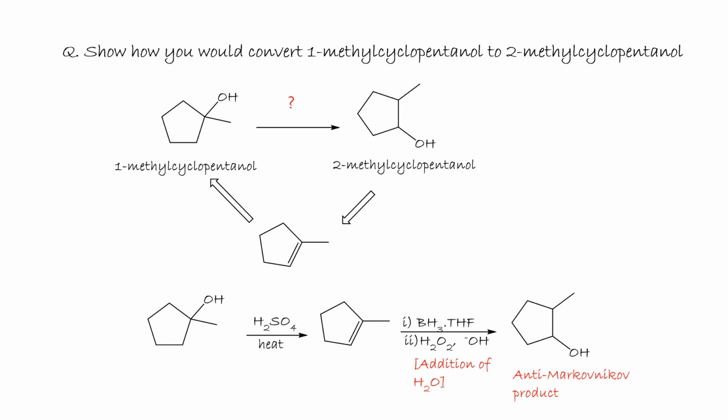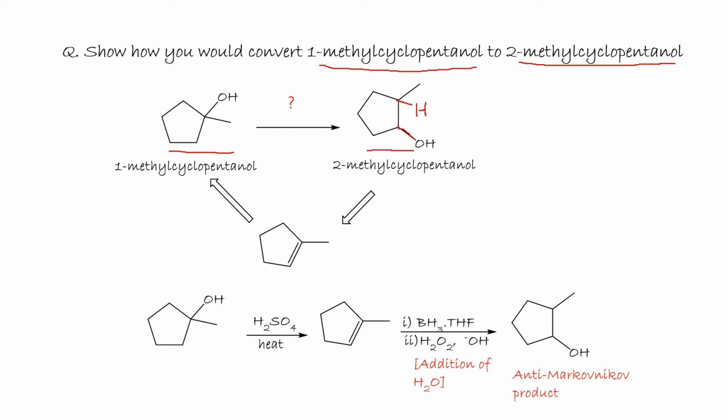Show how you would convert 1-methylcyclopentanol to 2-methylcyclopentanol. If we look here, we have an alcohol. The carbon has an H, adjacent to the carbon that has an OH.